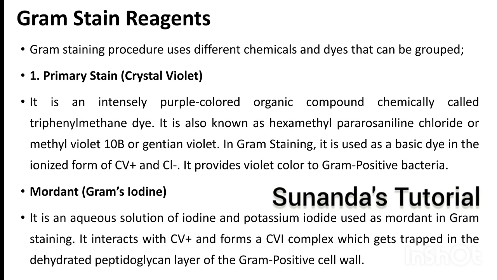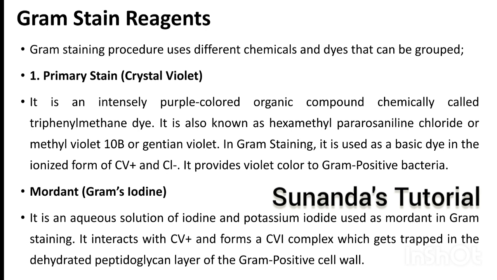Then gram staining reagents. What are the different kinds of reagents we are using in the gram staining procedure? One is the primary stain called crystal violet. It is an intensely purple colored organic compound. The chemical name of it is triphenyl methane dye.